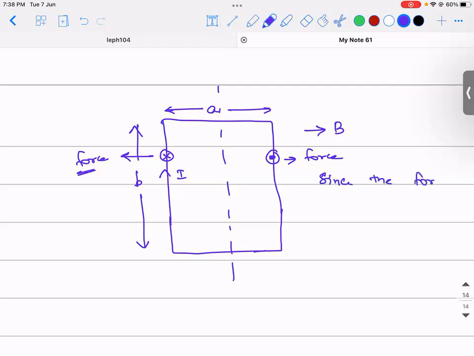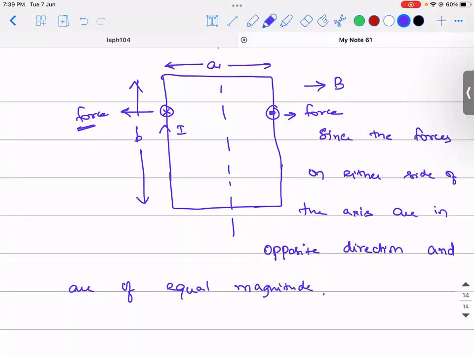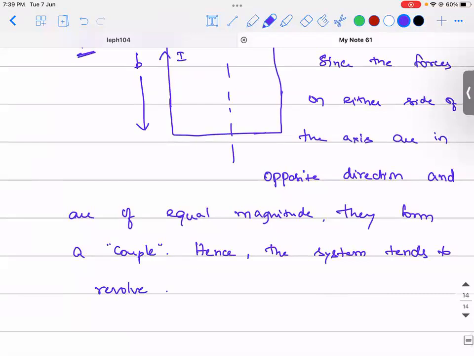Since the forces on either side of the axis are in opposite direction and are of equal magnitude, they form a couple. Hence, the system tends to revolve.